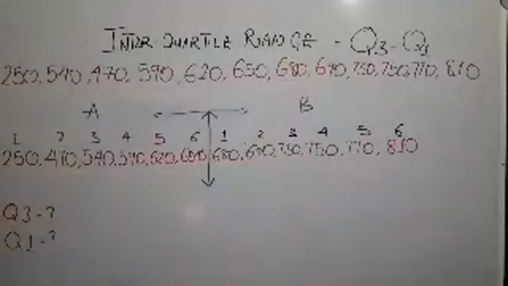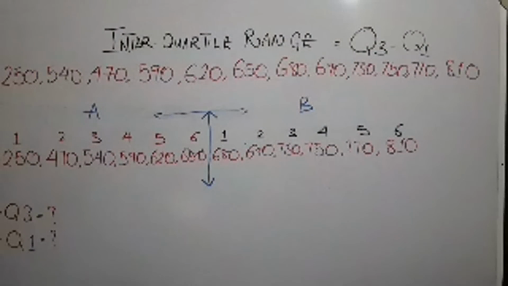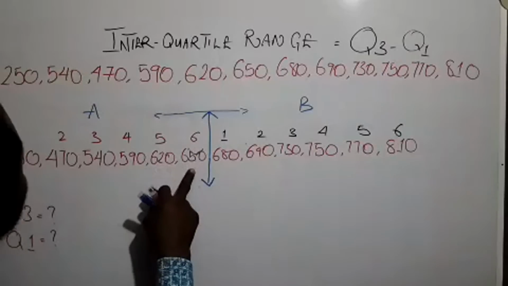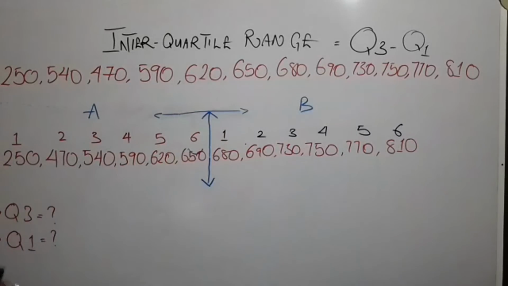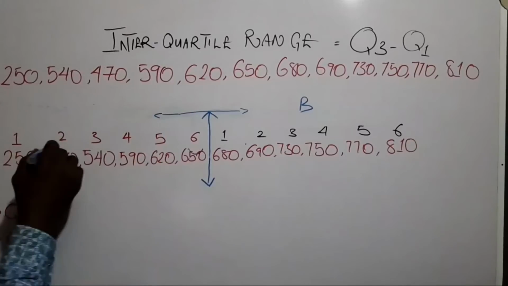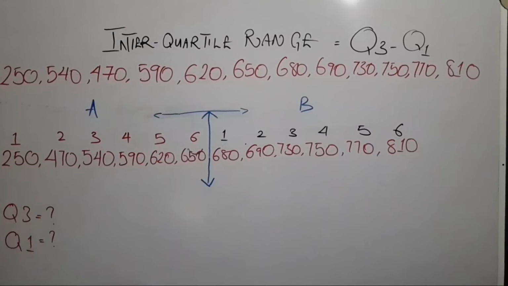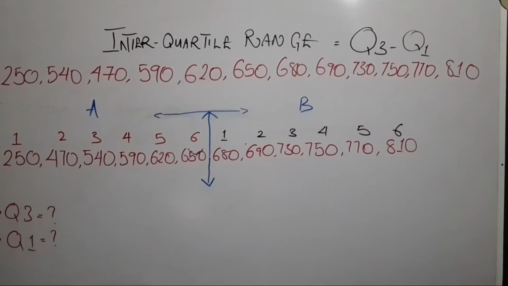So what are we expected to do next? We will, from this angle, start the counting again. As far as this division is concerned, we have the lower and the upper. Let's just tag it with A and B. From this point, we take our counting from the lower and the upper side.